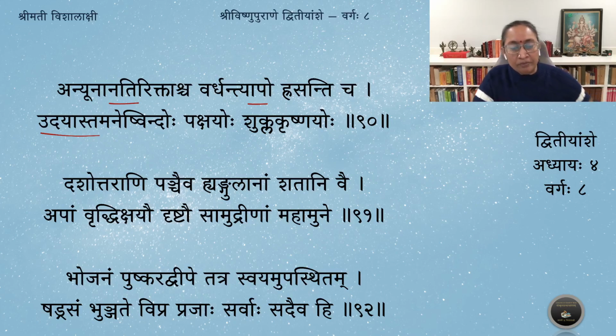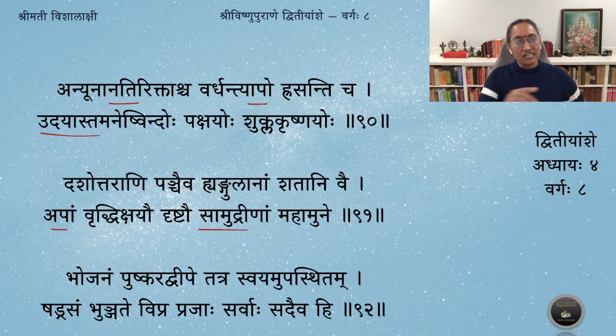Dashottarani panchaiva hyangulanam shatani vai, apam vriddhikshayau drishtau samudrinam mahamune. O Mahamune, samudrinam apam, this is an adjective to apam. Ap is nitya strilingam, nitya bahuvachanam.